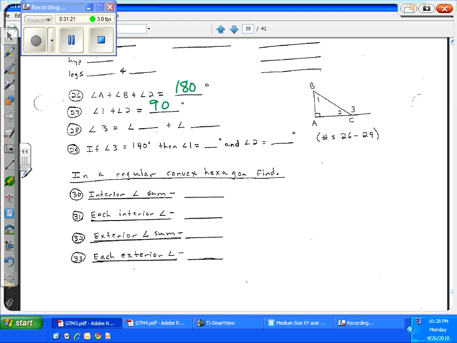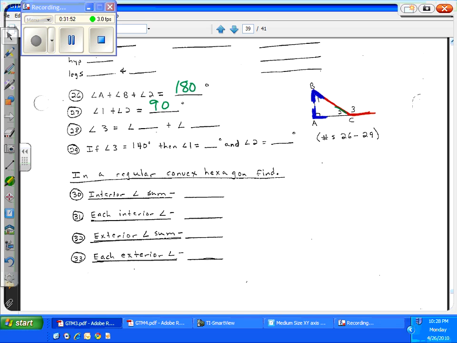Angle 3 is equal to the sum of what two other angles? Well, angle 3 is an exterior angle of that triangle. We learned as another branch off of the sum of the angles of a triangle being 180 that an exterior angle is equal to the sum of its two remote interior angles. The two interior angles remote from angle 3 are those two.